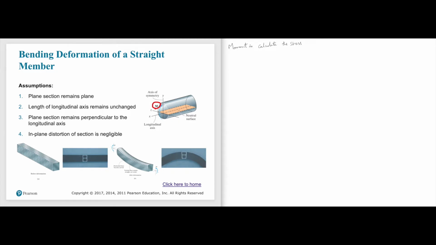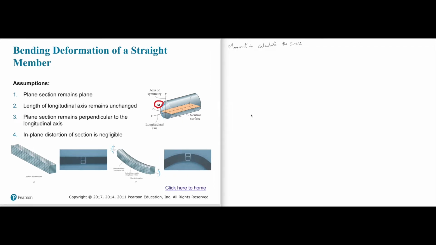Now, consider an example. For instance, let's take a beam and let's apply a moment. Let's say this side is fixed. What happens? Obviously, this bends like that, right?